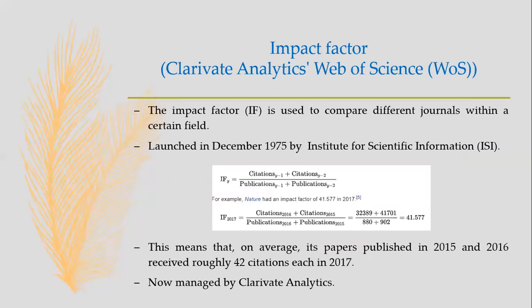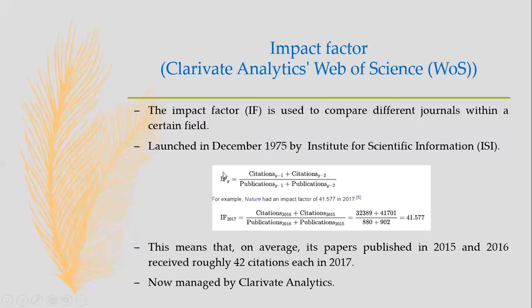In the impact factor, the formula for impact factor is listed out here. If I want to calculate the impact factor of 2019, I will find out the citations for that particular journal in 2019 and divide them by the publications in 2017 and 2018.